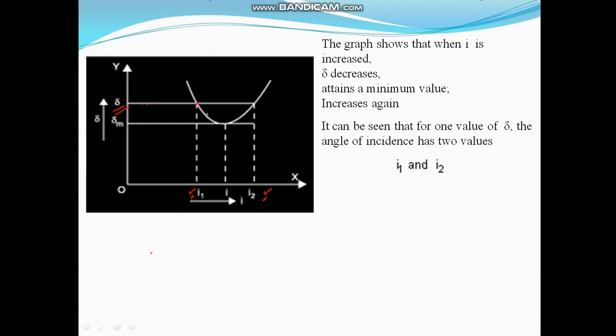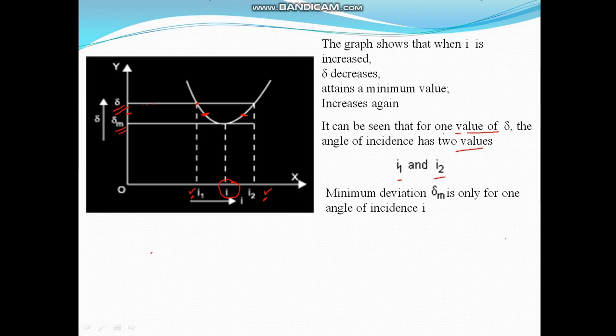And if you observe other values of del also, like if I consider this particular value of del, then again there will be one angle here and another angle here. So for one value of del, there are two values of angle of incidence. But for minimum deviation, just see over here, this is minimum deviation, there is only a single value of angle of incidence. This implies that minimum deviation is possible only and only for one value of angle of incidence.